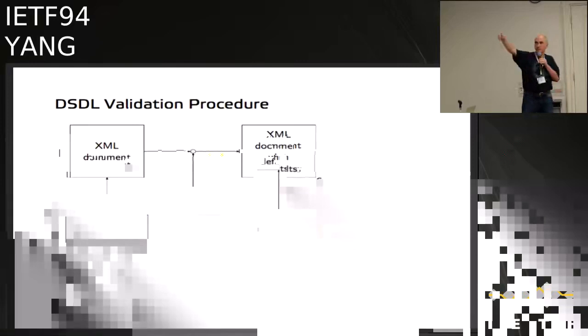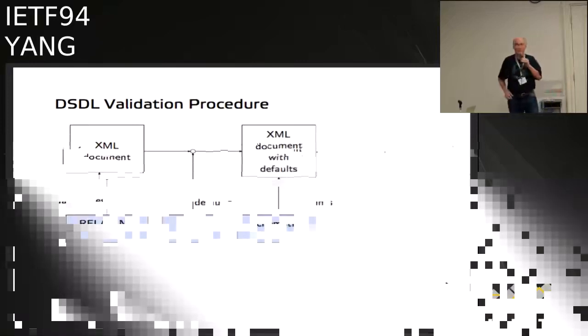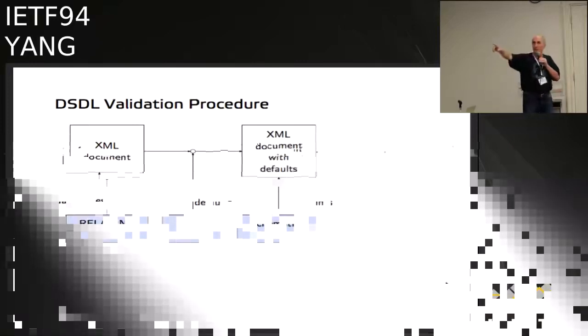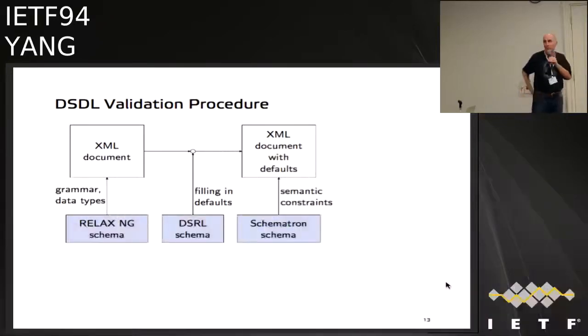And this is what the DSRL schema provides. So this step is done and the initial XML document is changed so that all defaults are present in the new document. And this new document is then checked for all the semantic rules that are written in the data model, using the Schematron schema.